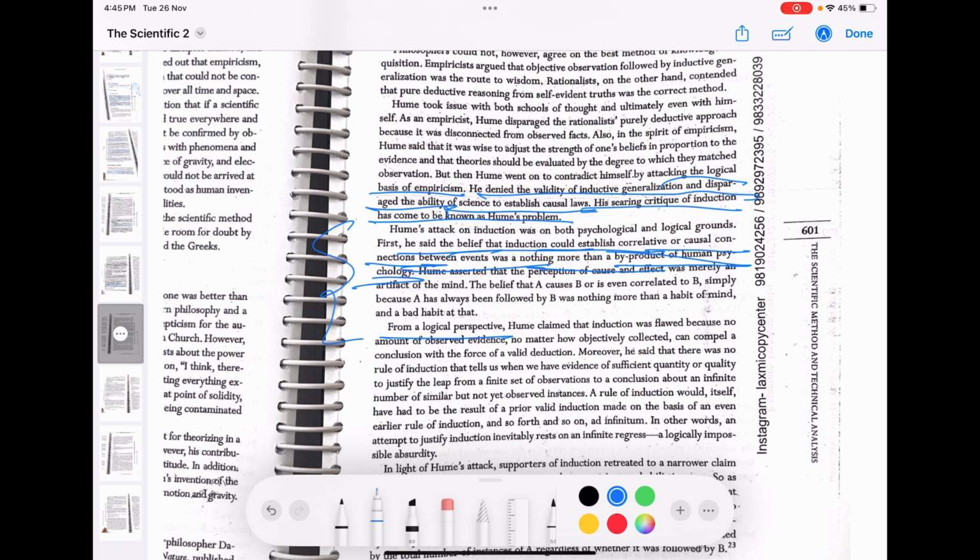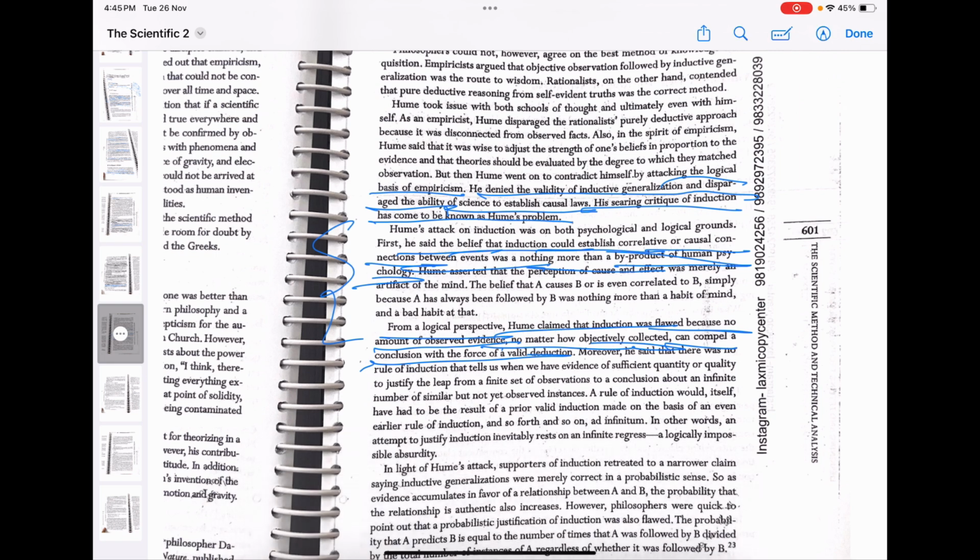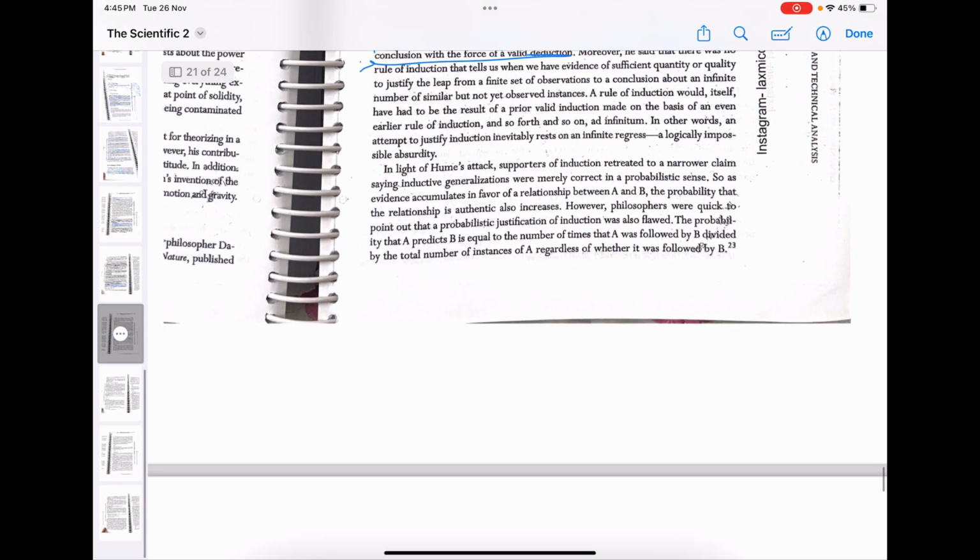From a logical perspective, Hume claimed that induction was flawed because no observed evidence, no matter how objectively collected, can compel a conclusion forced by valid deduction. Right? Obviously, now again, that would be very subjective in nature. So that's how Hume basically gave the criticism from his point of view.